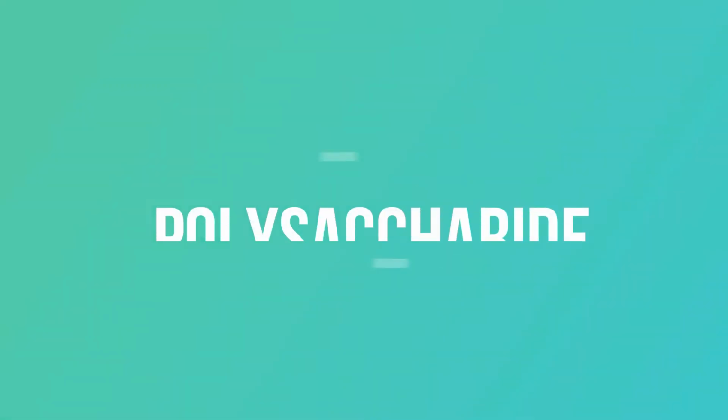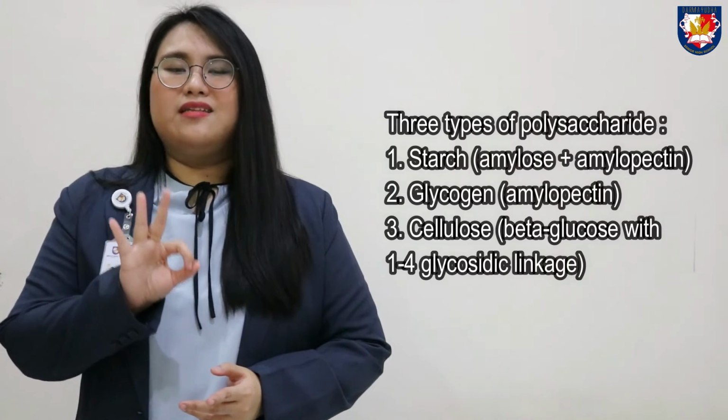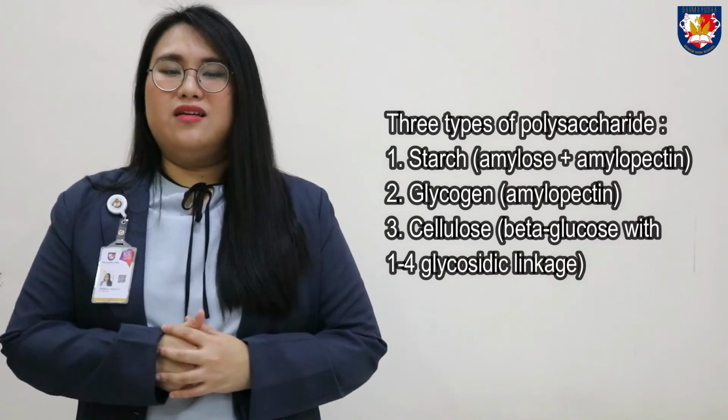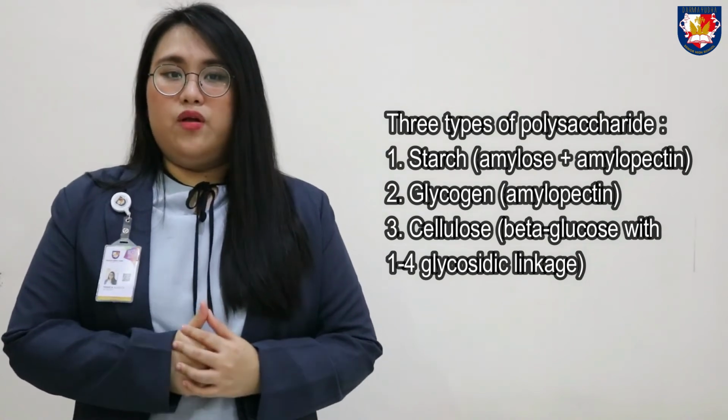And now the last type of carbohydrate, the polysaccharides. Poly means many, so polysaccharides consist of lots of monosaccharides. There are three types of polysaccharides. The first is starch, which consists of amylose and amylopectin.